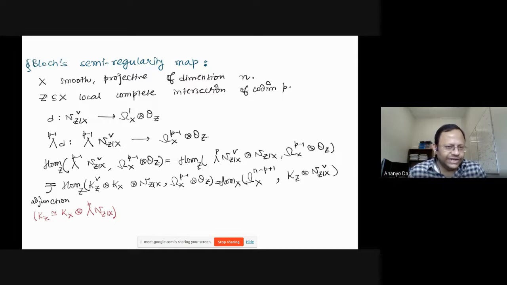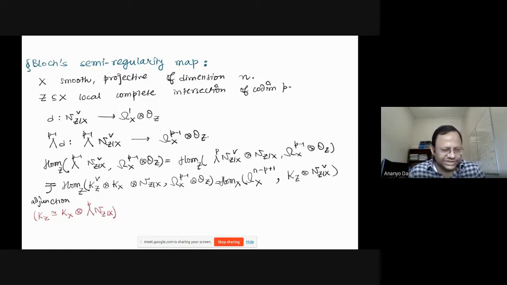So if you look at the ideal sheaf of Z in X, you can always apply the differential operator. You can always take df. If f is defining Z, if f vanishes along Z, you can always write df. And you will get a map from this ideal sheaf to omega 1 X.